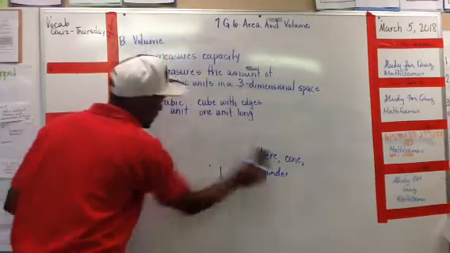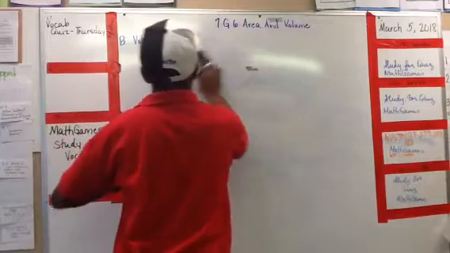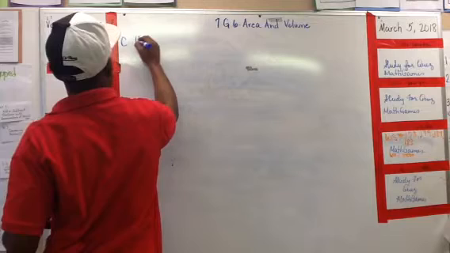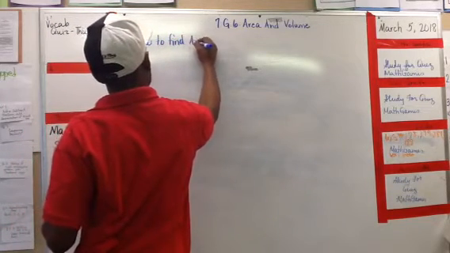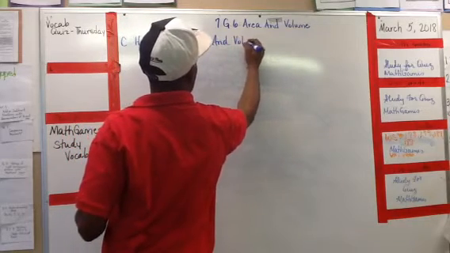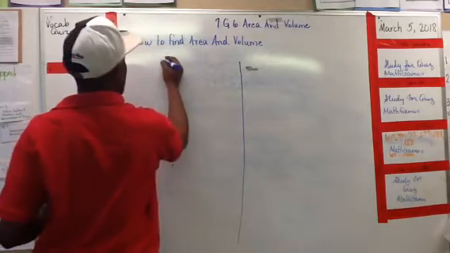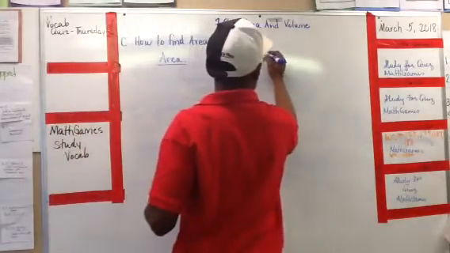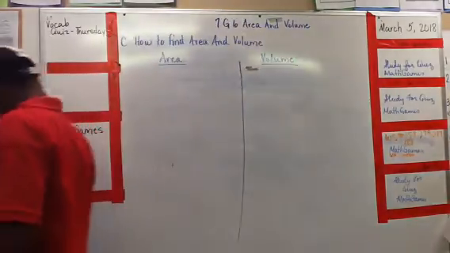That would be our C. How to find area and volume? You do it the same.